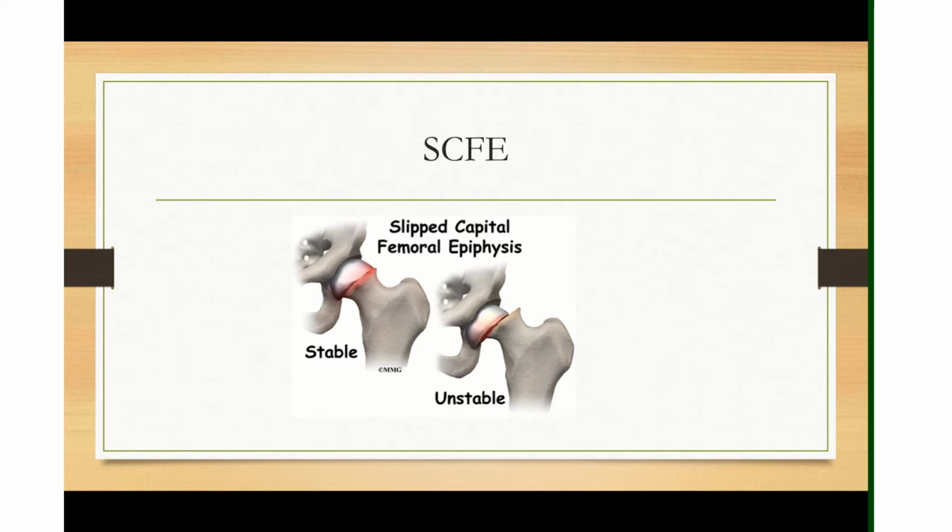And what could be the cause of this type of injury? It might be repeated trauma on a background of mechanical and probably hormonal predisposing factors. So, conditions like obesity or growth spurt.